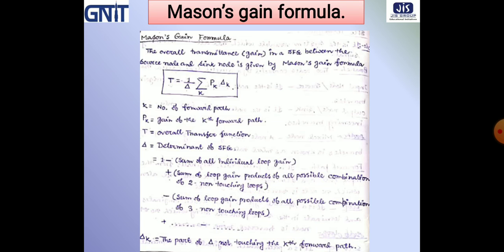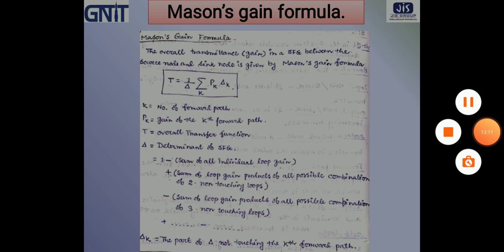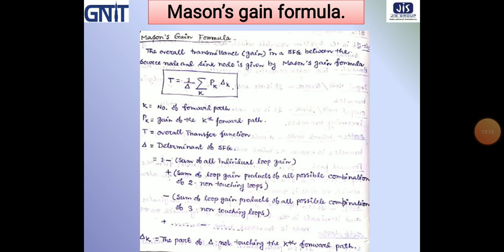Now, how delta will be calculated for a particular problem we will discuss elaborately in our problems. Now, for this formula, just look at delta k. Delta k is the part of delta not touching the kth forward path.